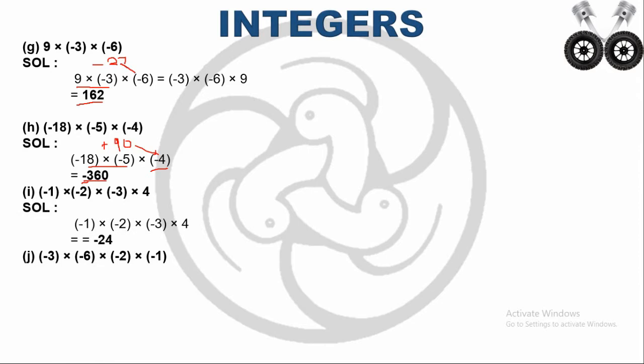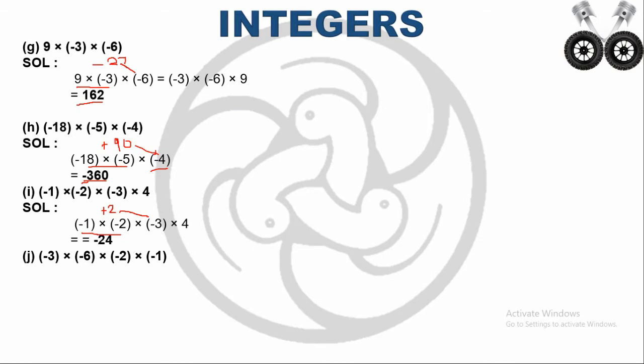Then subdivision I, minus 1 into minus 2 into minus 3 into 4. Here we have four integers with different signs. Very first I multiply minus 1 into minus 2. These two integers have the same sign, so I put the positive sign. 1 into 2 is 2. Again I multiply 2 with minus 3.